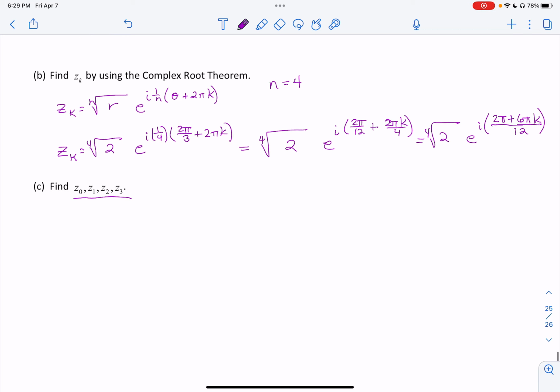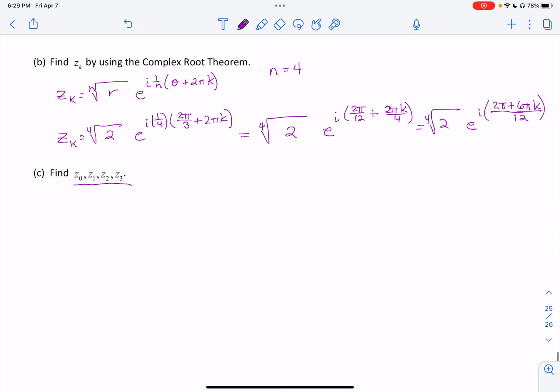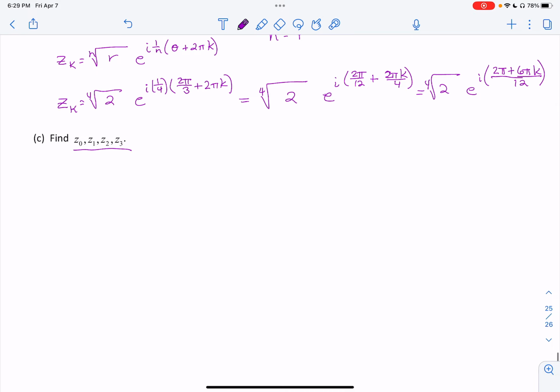All right, so that means that if I look at this, yeah, I see what I did. Okay, that means z sub 0 is going to be, everywhere I have a k, thank you, because these are equal to my z sub k's, I'm going to put in the 0.